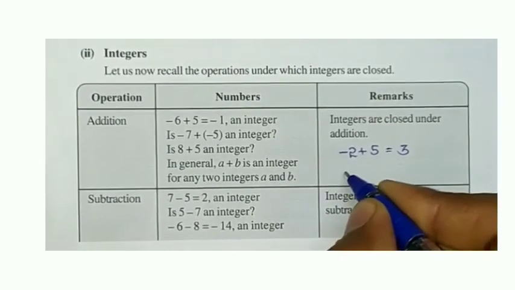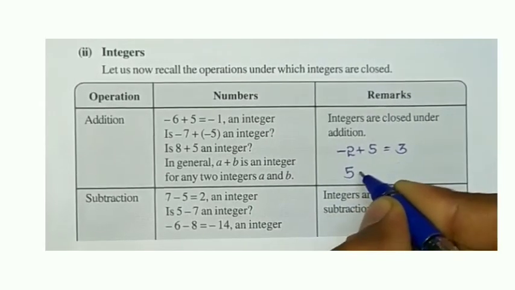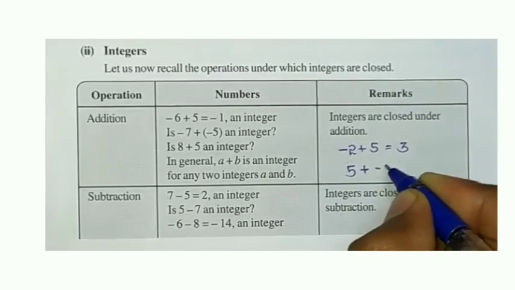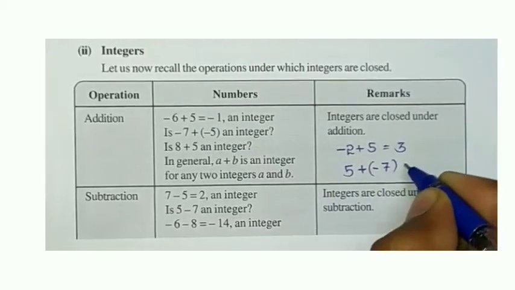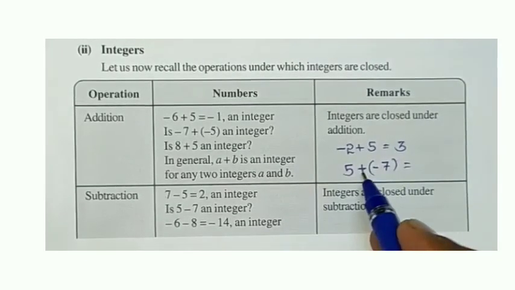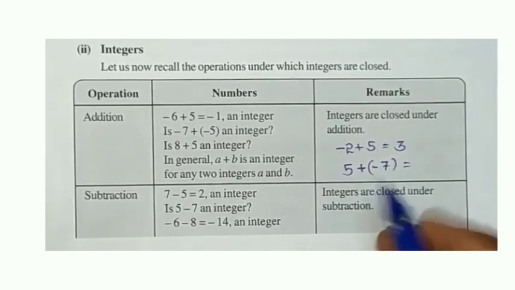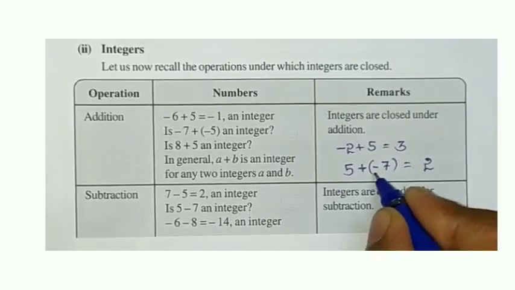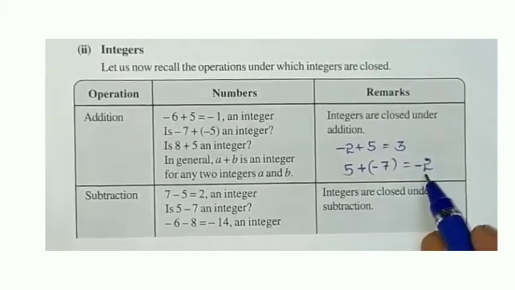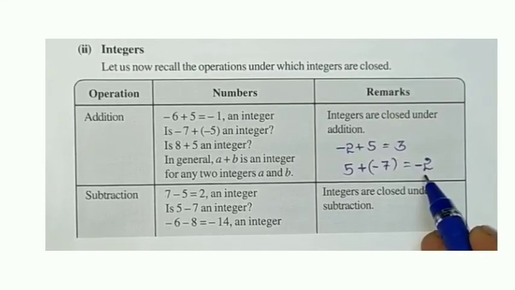Or take another one, 5 plus minus 7. Minus into plus gives minus, 7 minus 5 gives 2, but the sign will be minus. So minus 2 is also an integer.